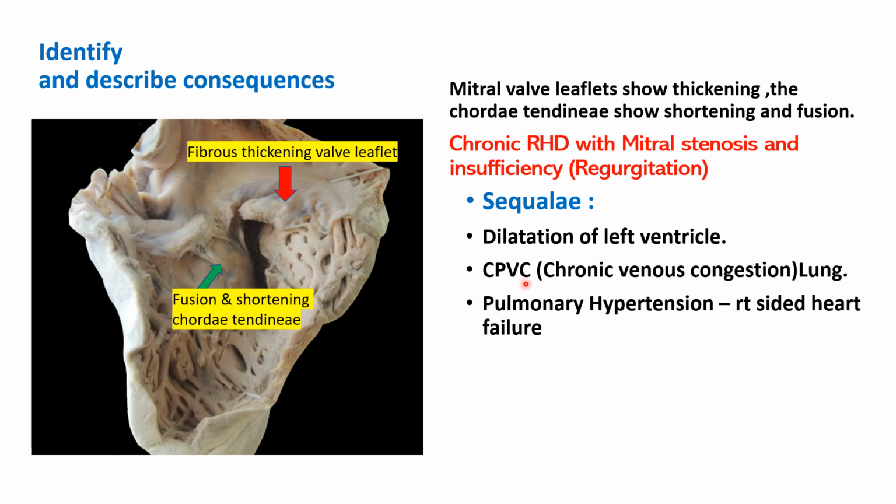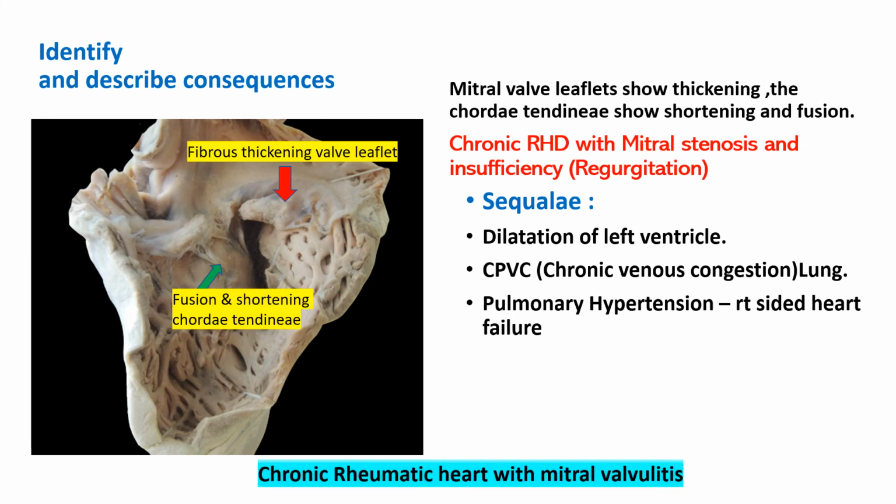So outflow is obstructed. Pulmonary hypertension and subsequently a right-sided heart failure will be there. So there will be reverse pressure generated because of this mitral valve lesion. Chronic rheumatic heart disease with mitral valvulitis.